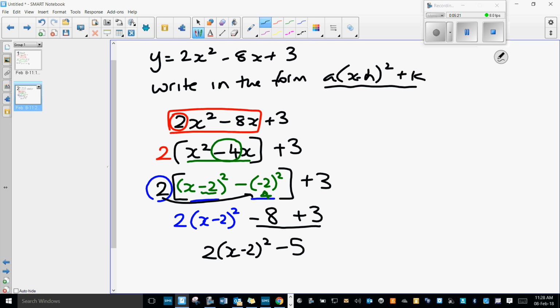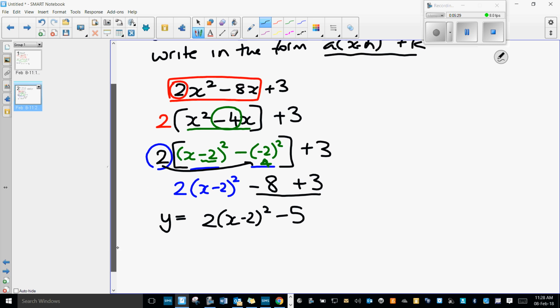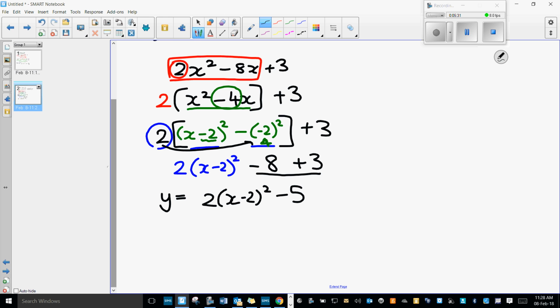So I've written it in this new format. Now, the usefulness of this format is that it also tells us where the vertex of the graph is. We know that the vertex is going to be at the coordinate 2, so in this case positive 2, negative 5.